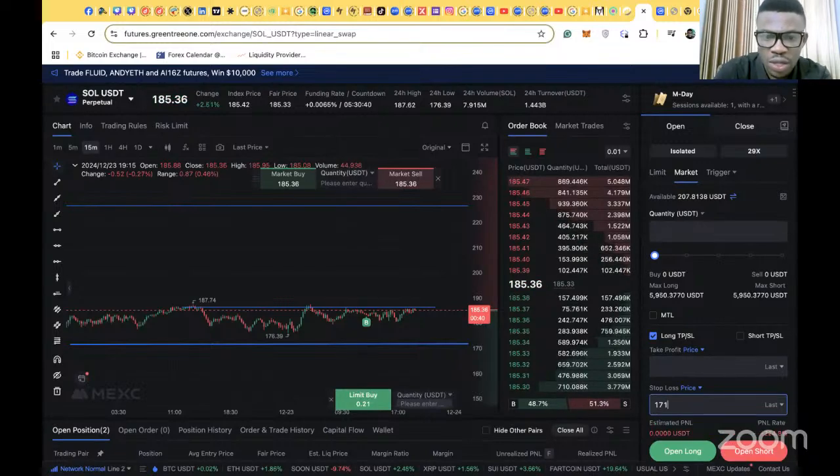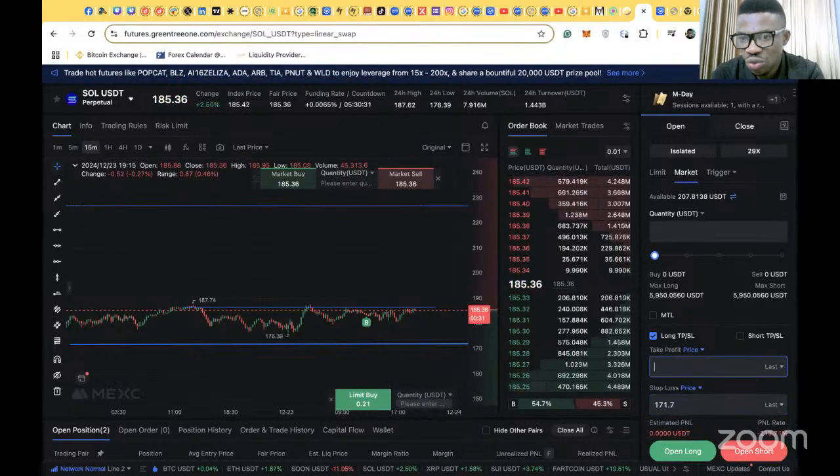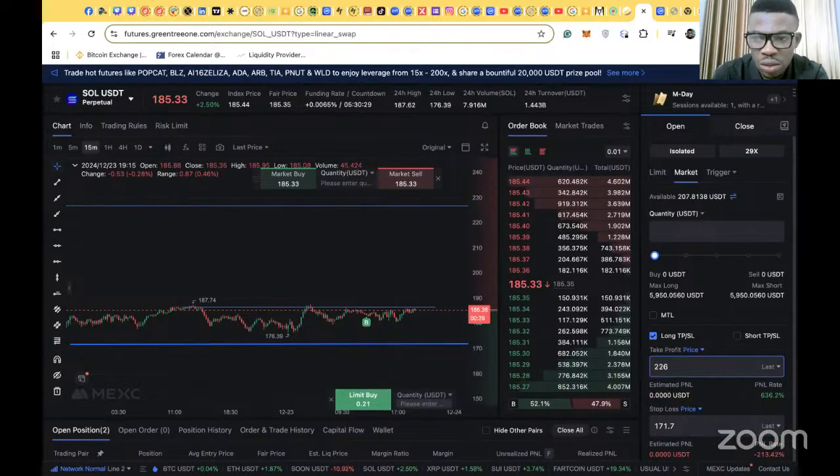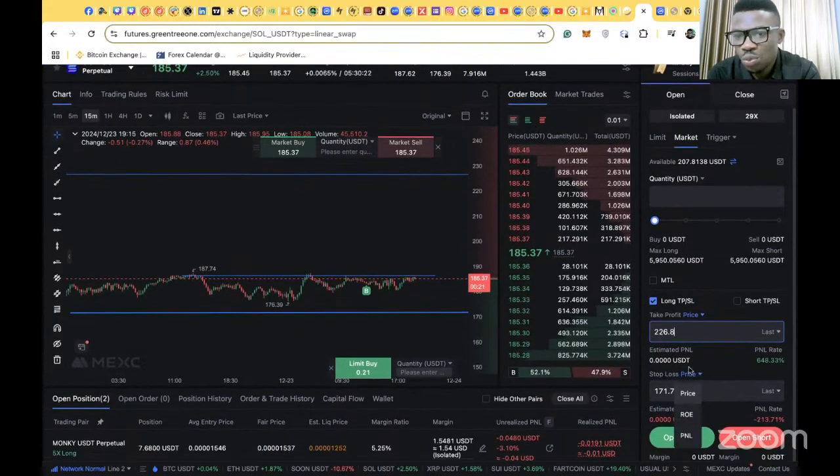My stop loss price is important, 171.7. Then my take profit line is also very clear to me, 226.8. So with that, now I'm good to go. My take profit is set, my stop loss is set. Now I want you to focus your eyes on these parameters.